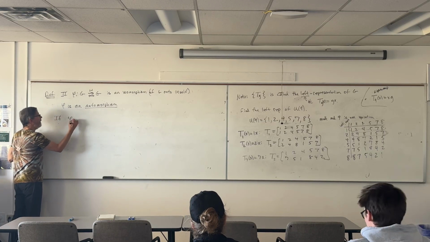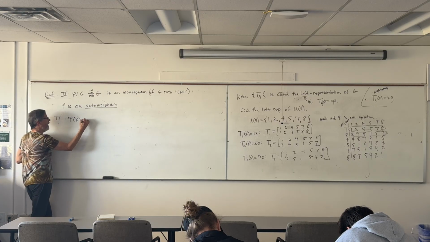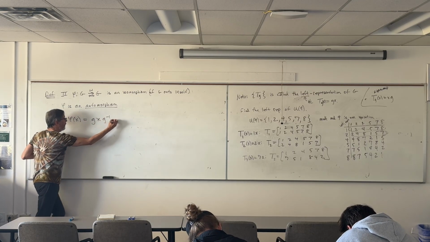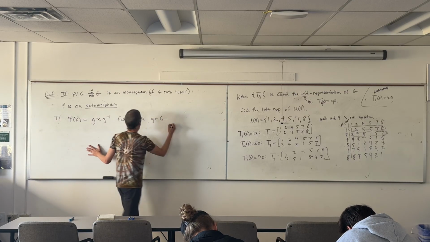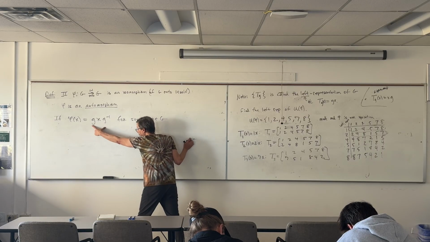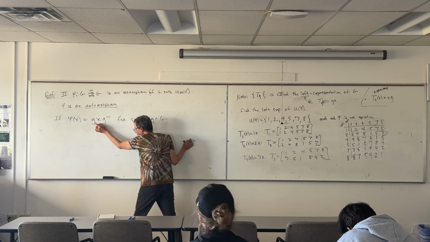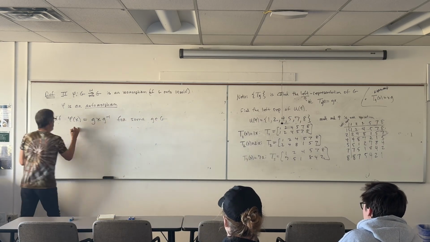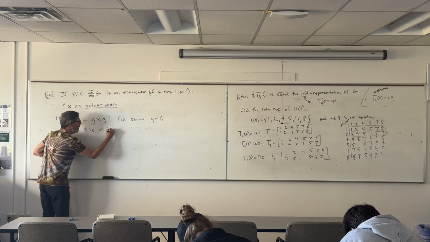If phi has a specific form, if phi of x is equal to g x g inverse for some g in G, notice how you right multiply by the inverse, you left multiply. So you sandwich the input between g and g inverse for some g in G. Then phi is an inner automorphism.